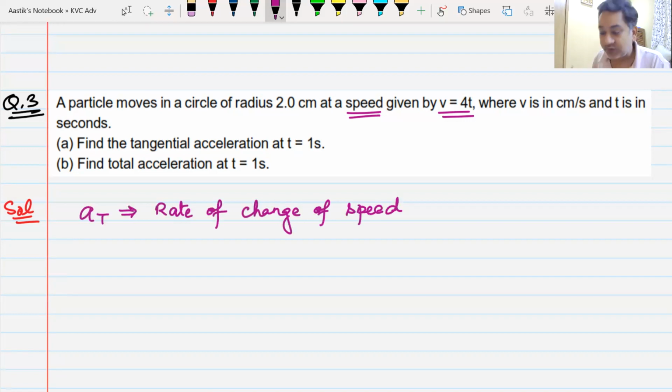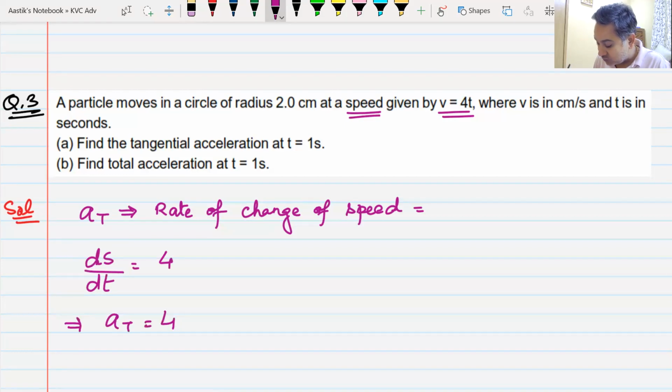It changes the magnitude of velocity. So now you can find the derivative. I will not call it v, I will call it s, so that you understand that this is speed. Do we understand this? Yes. ds by dt will be equal to 4. That implies your tangential acceleration is 4. It is constant because it does not depend on time.